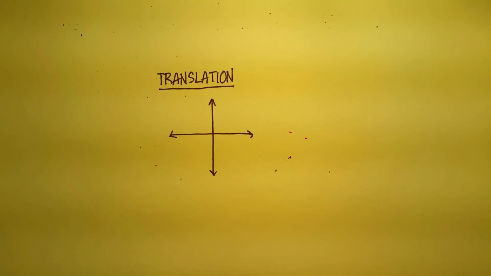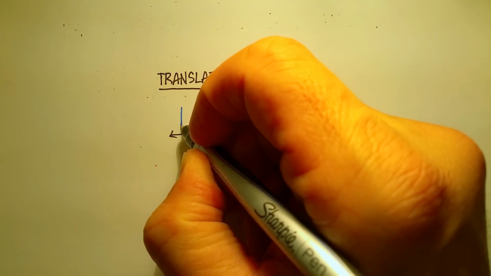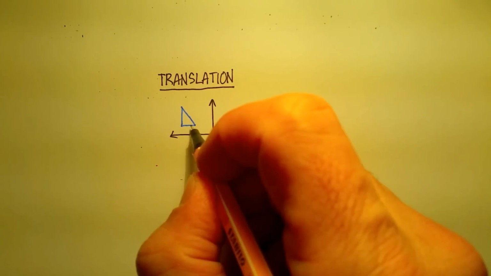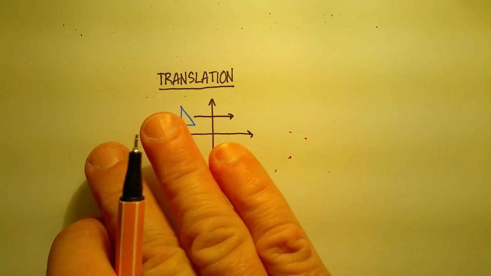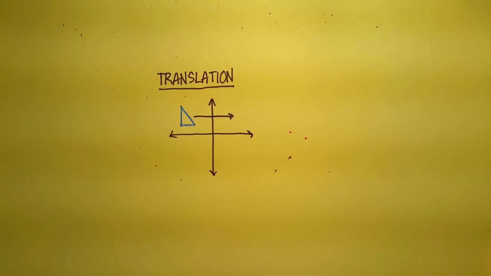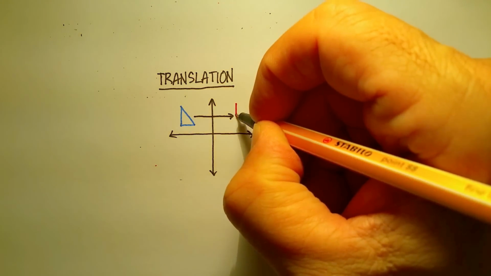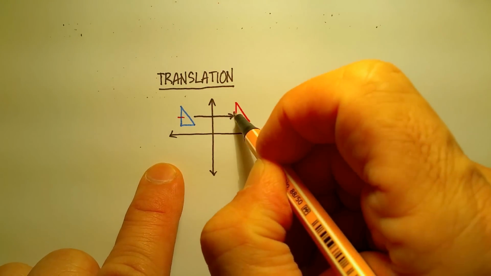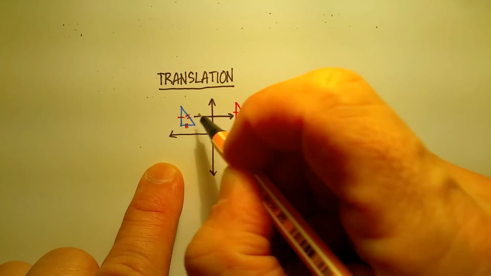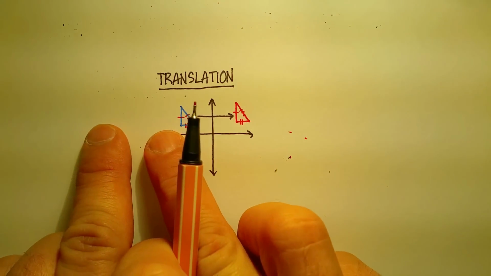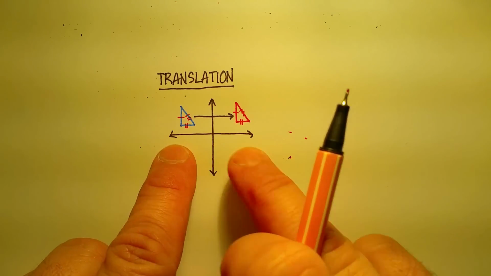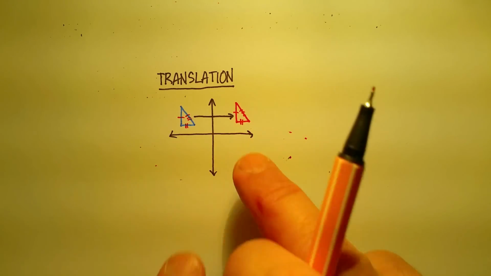So again, let's take our pre-image, and let's move it this way. So here's our right triangle. And a translation is when you take this object and you just move it directly across, like in one direction, okay? So it's not reflected. There we go. It just basically retains exactly the same shape and size, but you just moved it directly this way, or maybe directly this way, or maybe directly down this way. And again, that's the pre-image, and that's the image.